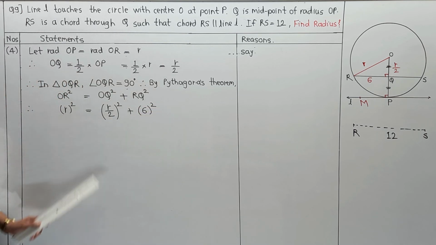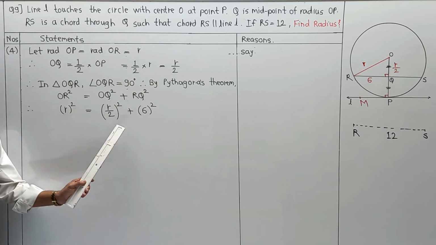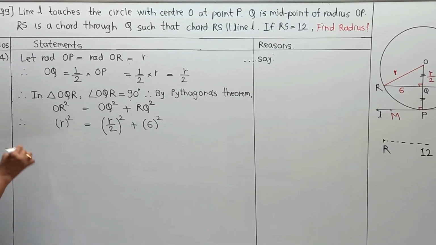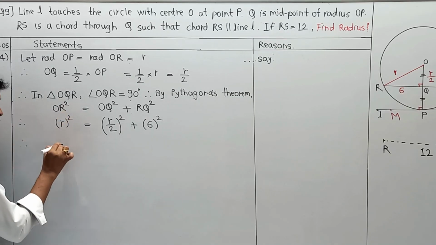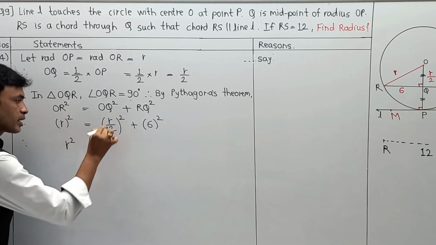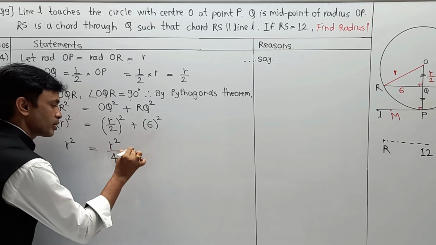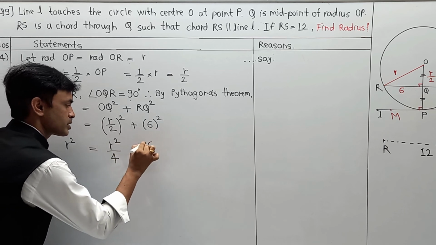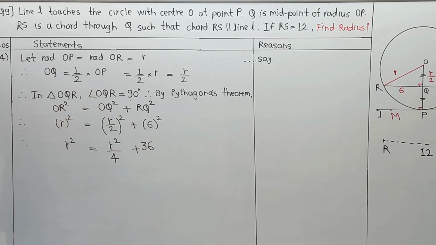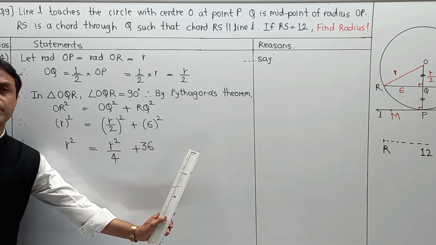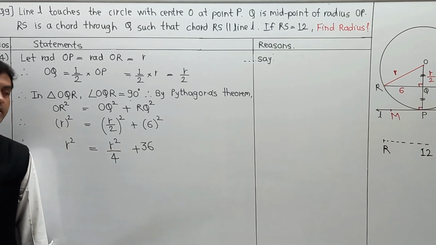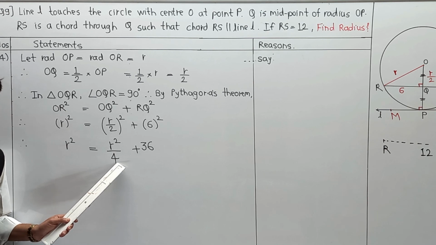Now the main part is simplification and finding the value of R. Therefore R square equals, here (R upon 2) square means R square upon 4, plus 6 square means 36. Now I am going to multiply the whole equation by 4 so that it gets simplified directly because of the division by 4.